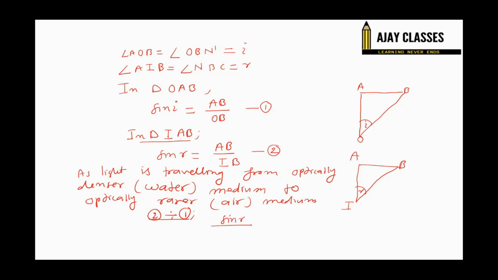We can write sin r by sin i. Light is traveling from the water medium, so i is the angle inside the water medium. This is equal to, putting the value from equation 2, AB by IB, and sin i equal to AB by OB.